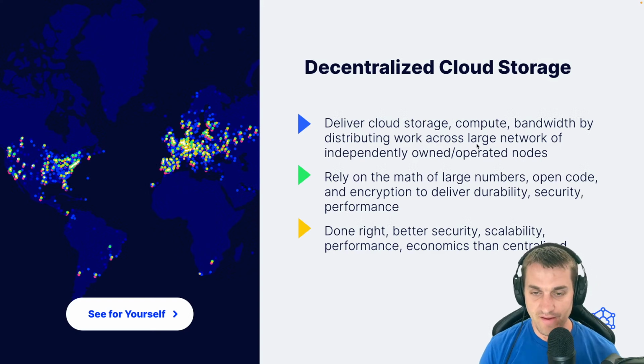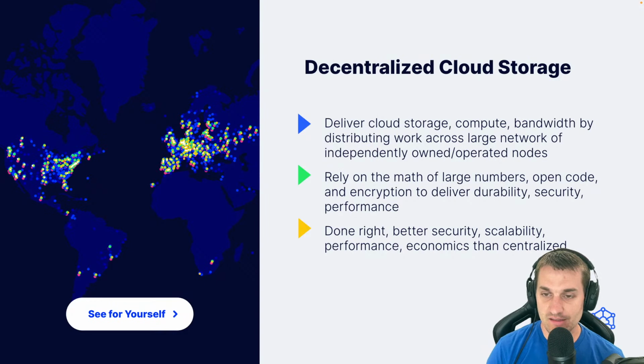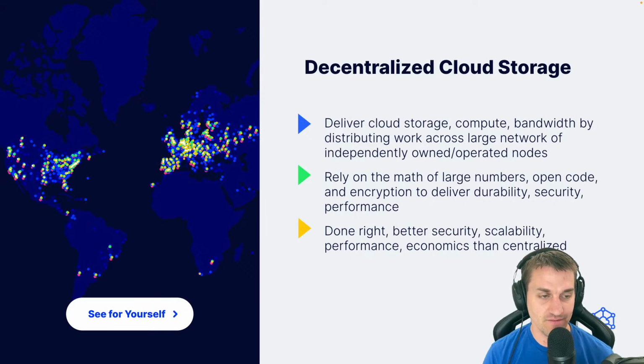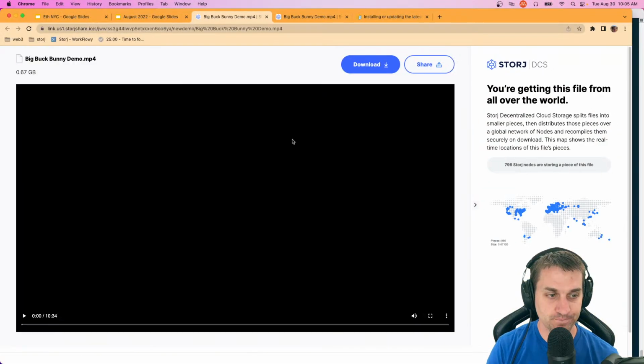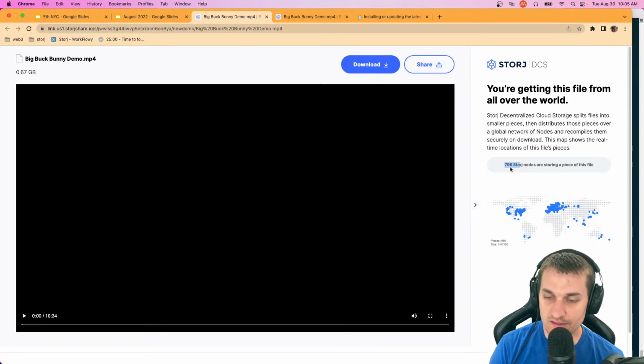So one of my favorite things to show is a 4K, 60 frames per second video. We can stream it from this network, and you can notice on the left a map of all the locations where this particular video is stored. So let's go ahead and do that. Off here on the right, you'll notice that this is stored on 796 storage nodes, and there's the map showing it across the world.